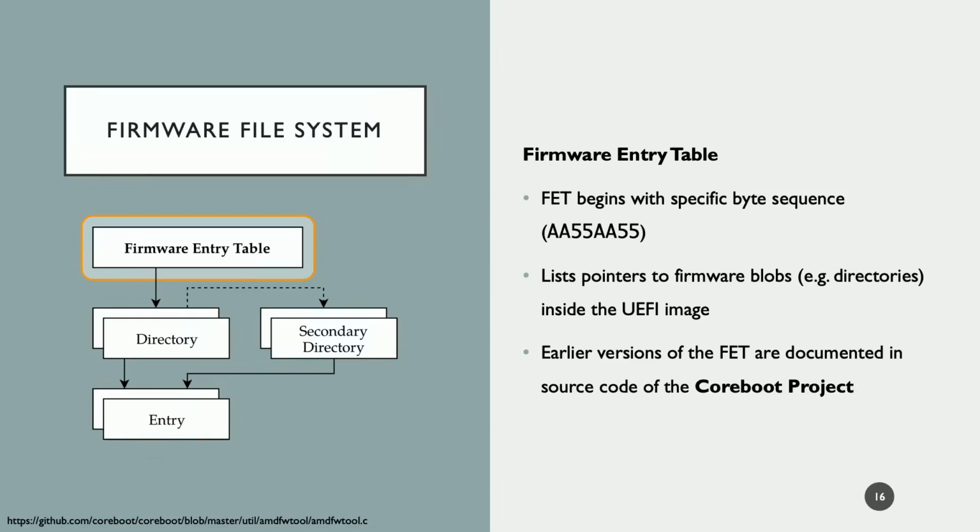The coreboot project is an open source BIOS implementation which used to support systems with early versions of the PSP too. And the firmware entry table, there's only one of those in one UEFI image. It begins with a specific byte sequence, and it lists pointers to firmware blobs, such as PSP directories.